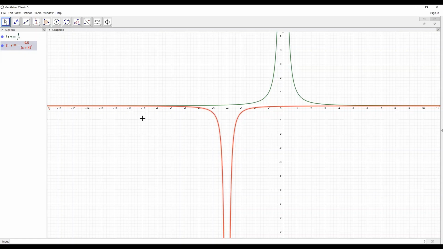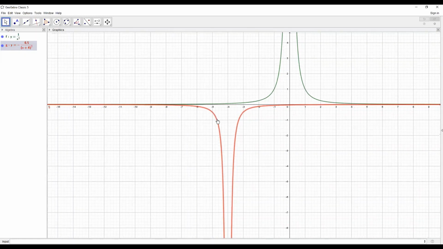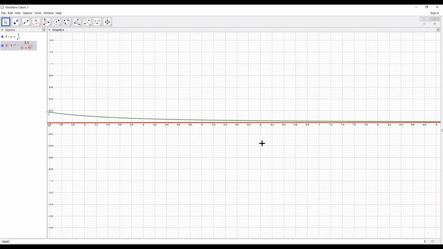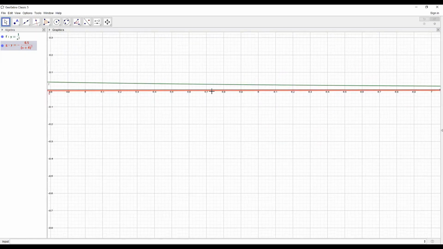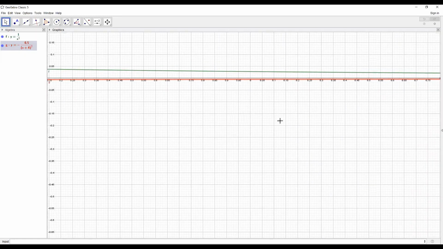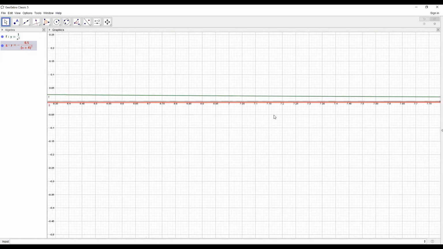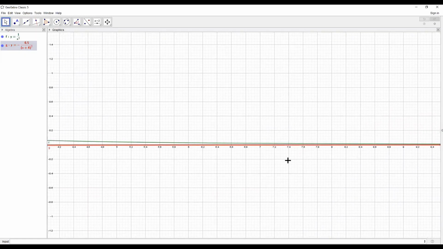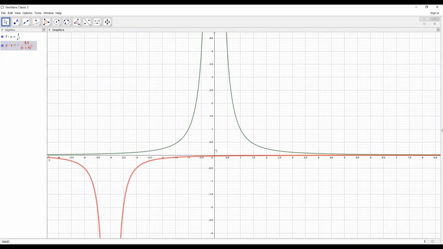Now the reason this tends towards 0 in terms of the end behavior is this: if you look at either of these graphs, the green one or the red one, and zoom in close, you can actually see the red curve is approaching the x-axis faster than the green curve is. That's going to continue throughout.